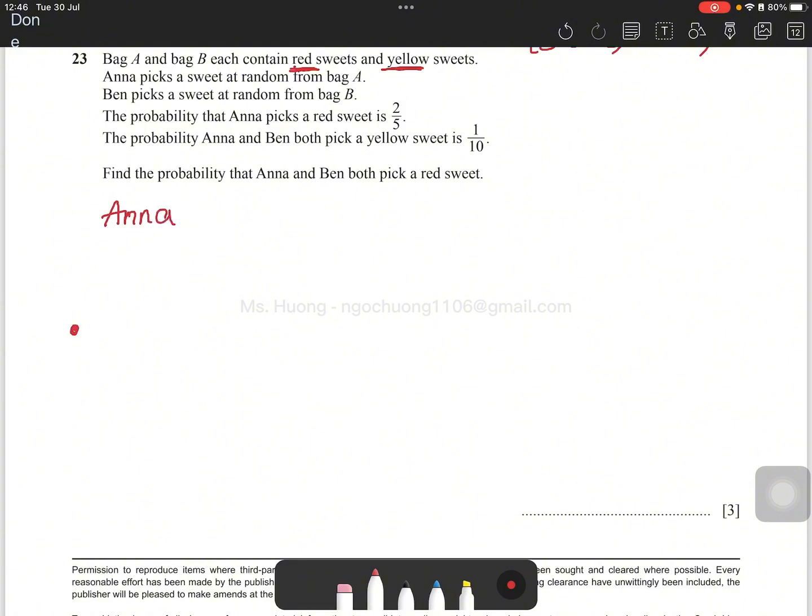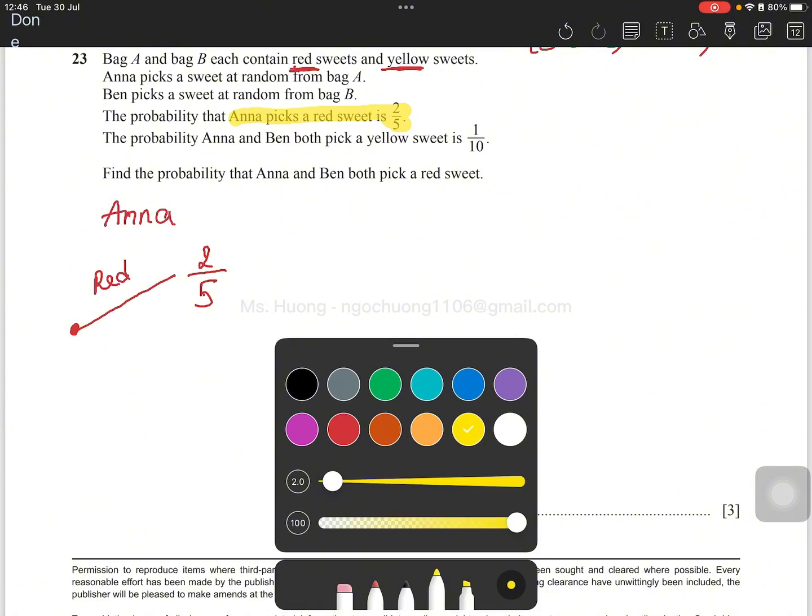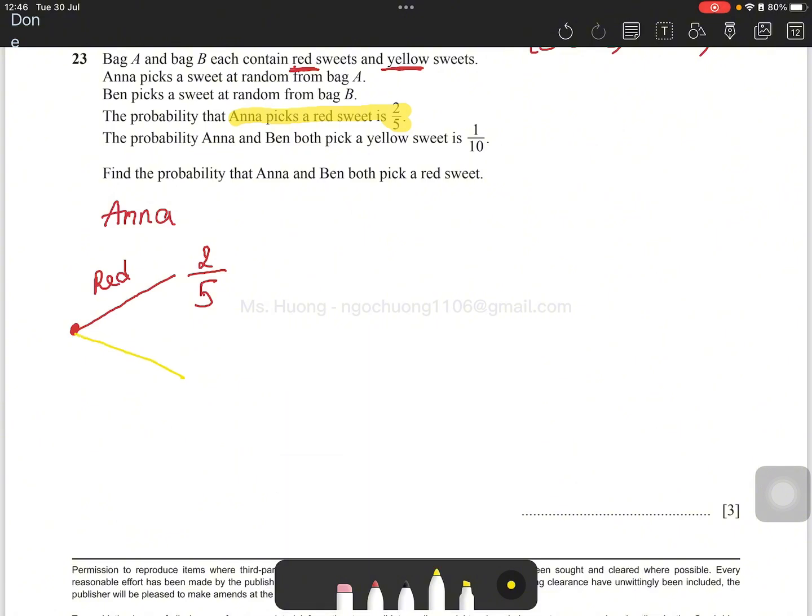The probability that Anna picks a red sweet is 2/5. So I would say this is a red sweet, and the probability of this is 2/5. This means if Anna picks a yellow sweet, then the probability is 1 minus 2/5 equals 3/5. This is for Anna. Then the probability for Ben.